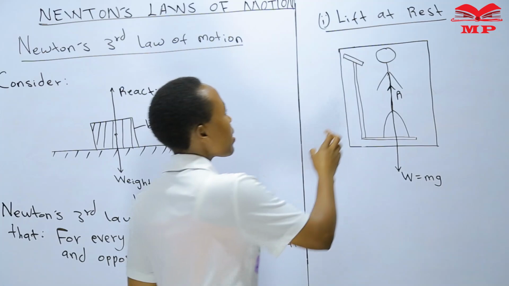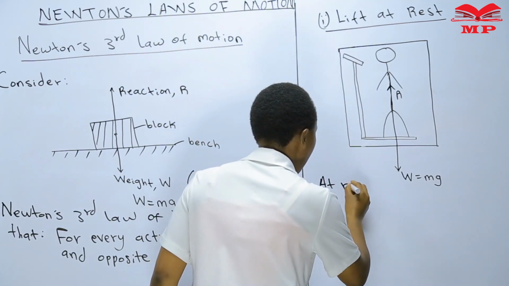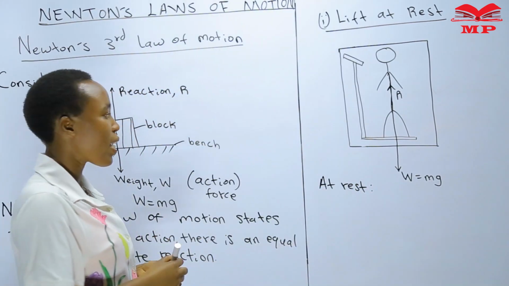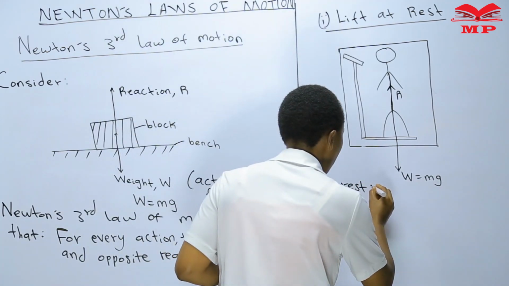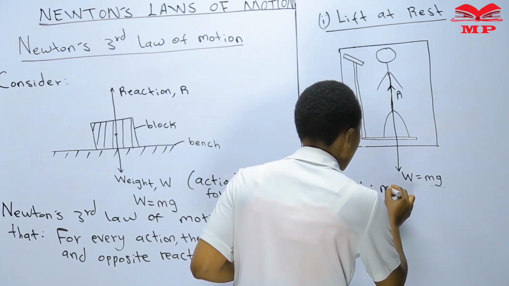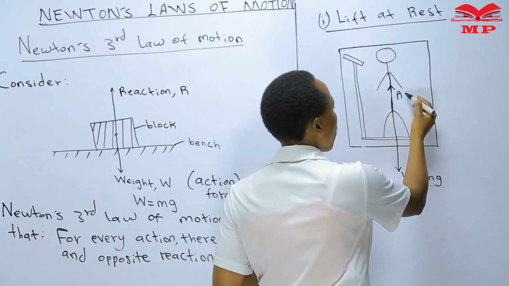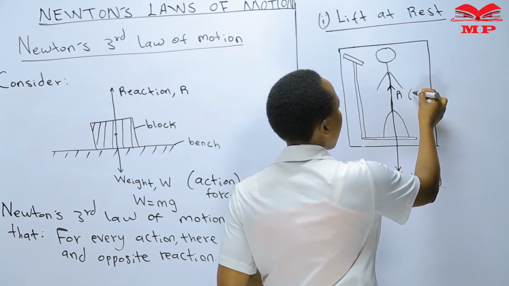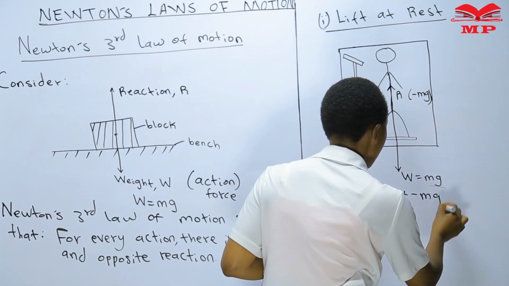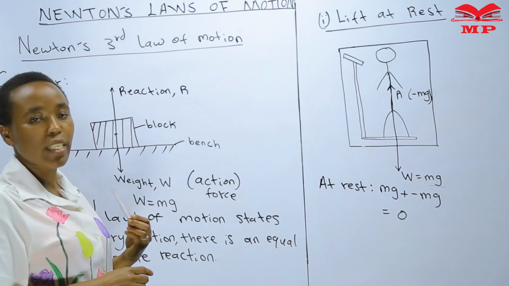When the lift is at rest, the resultant force is the downward force mg plus the upward reaction force, which is in the opposite direction, so negative mg. That is equal to 0, which shows that the lift is at rest.